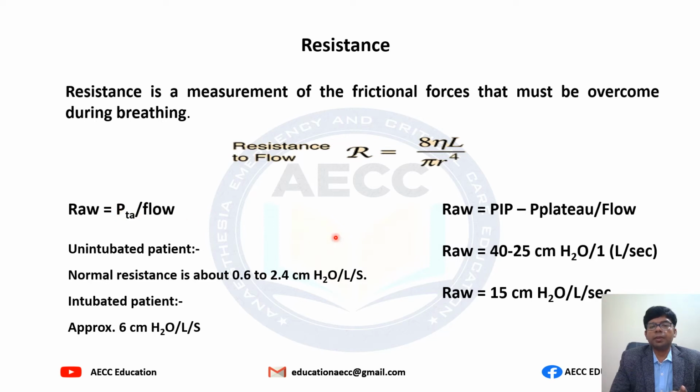And the transairway pressure is equal to the peak inspiratory pressure minus plateau pressure. Hence, if we rearrange this equation, the airway resistance is equal to the peak inspiratory pressure minus plateau pressure divided by flow. In the unintubated patient, the normal resistance is about 0.6 to 2.4 centimeter of water per liter per second, and in an intubated person it is approximately 6 centimeter of water per liter per second.